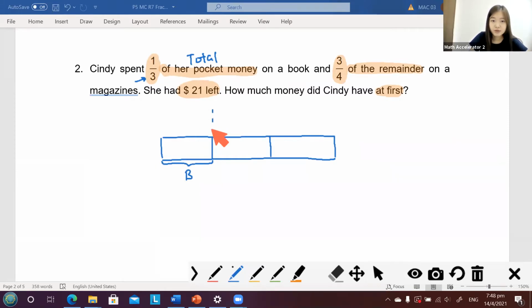So after she spends on a book, there is a remainder over here. And 3/4 of the remainder is going to be spent on magazines. So I'm going to do method 1, dropping down the model to represent the remainder.